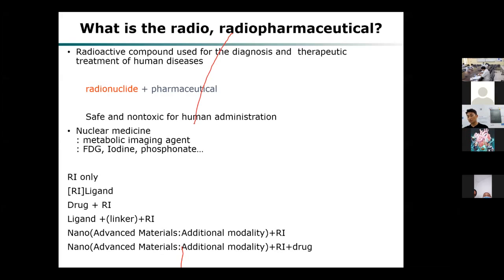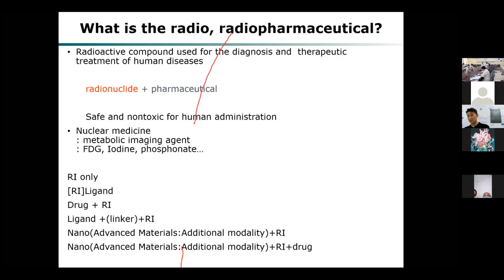Using this concept, some radioisotopes have the ability to emit alpha or beta particles. We use this radioisotope together with a diagnostic radioisotope, and we can successfully achieve both diagnostic imaging and a therapeutic effect.